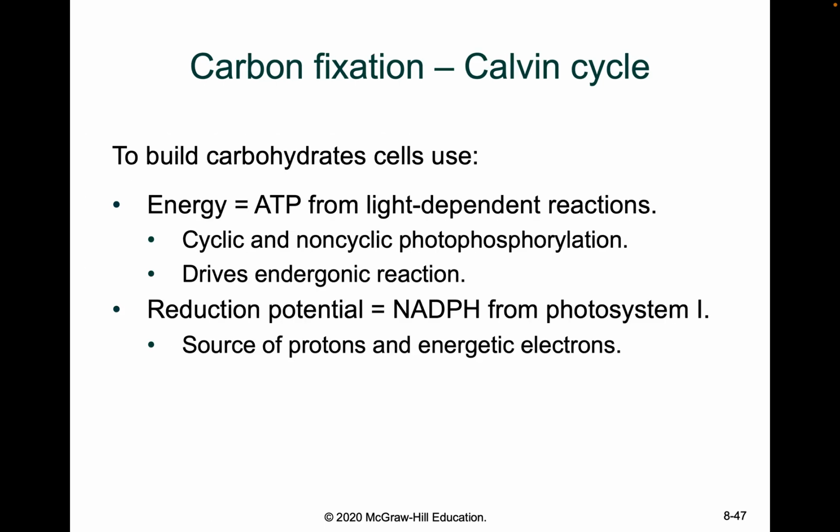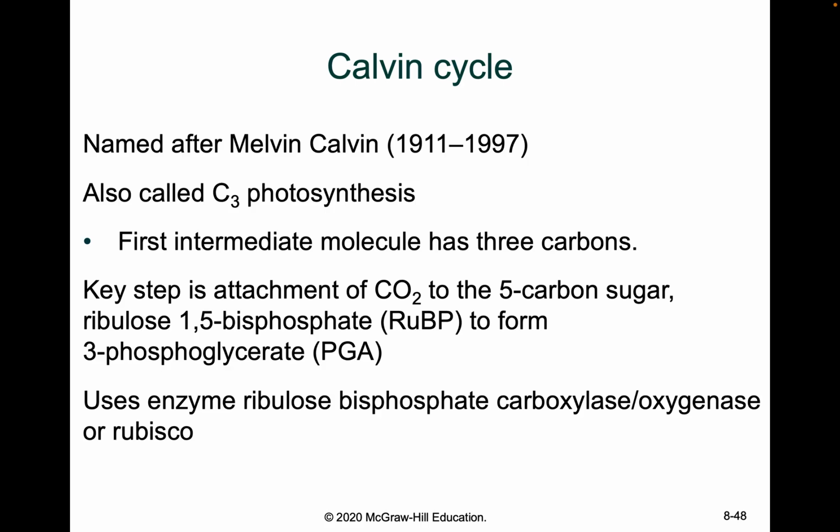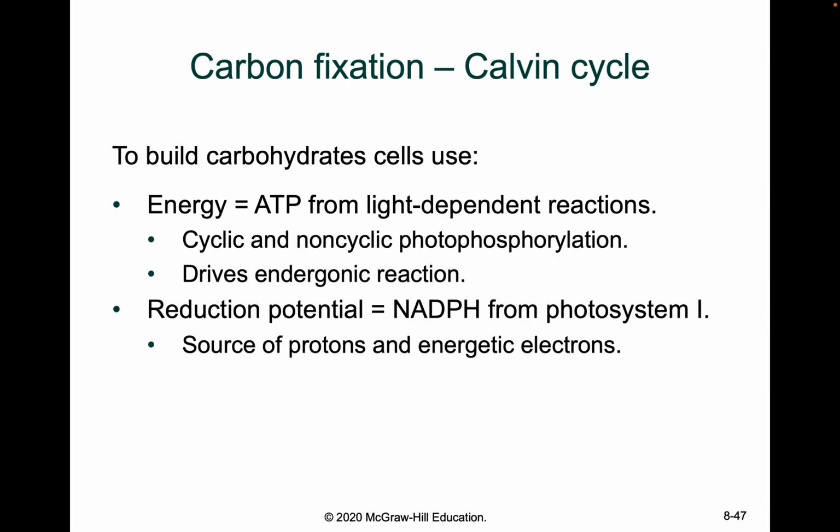Now we're going to move into the light independent reactions, which is this carbon fixation, which we also call the Calvin cycle. The Calvin cycle comes from the inventor, Melvin Calvin. He was the one who discovered this, and he basically said that plants are able to build carbohydrates from the first reaction, the light dependent, where we get energy, the reduction potential and the pH.